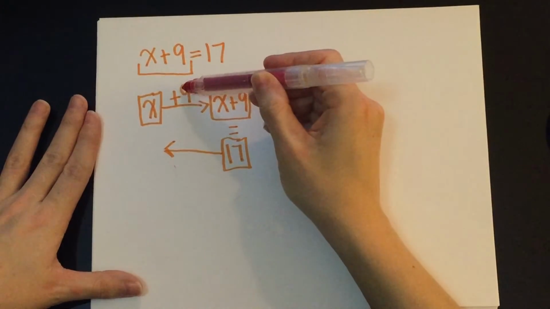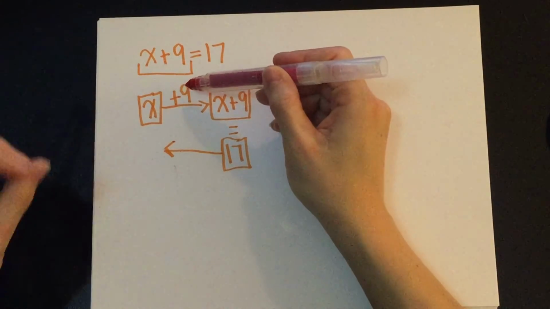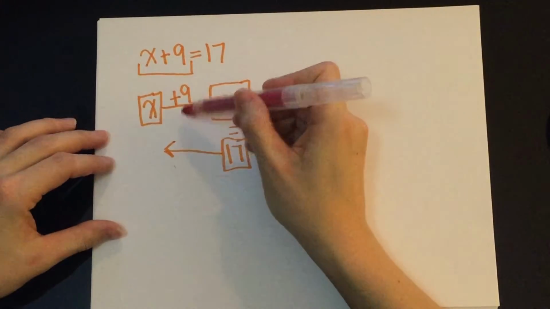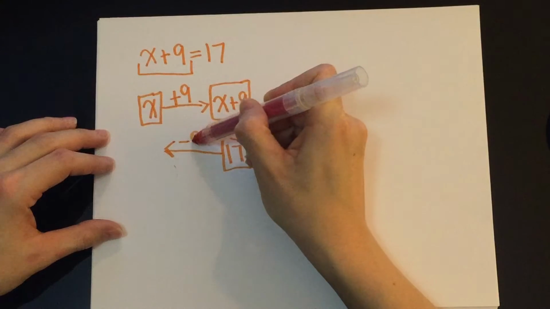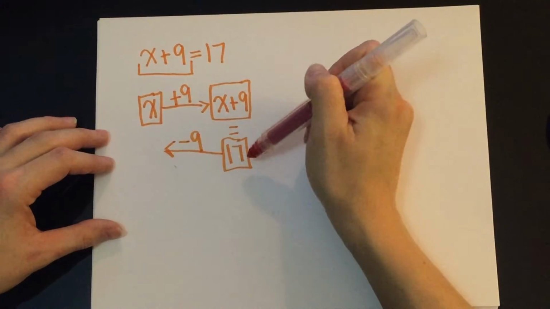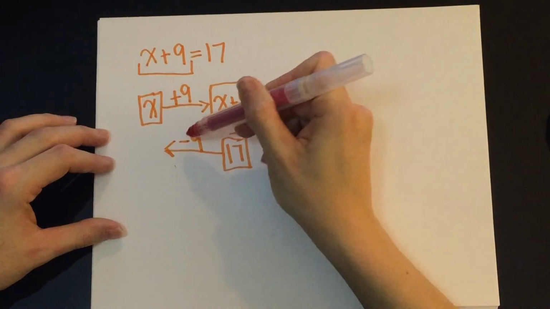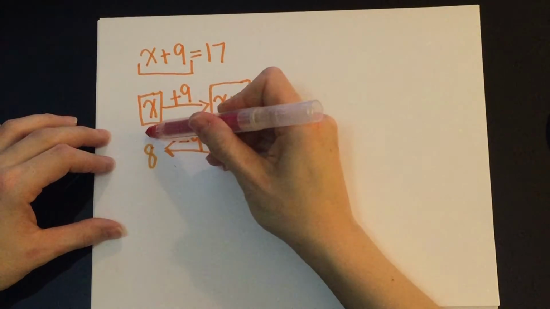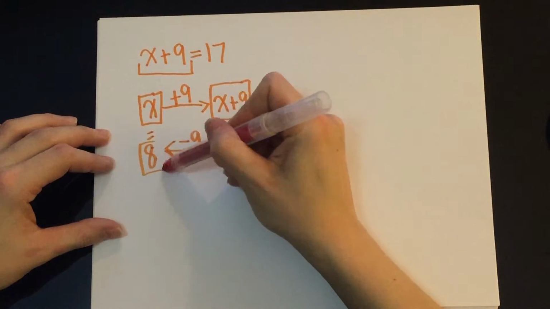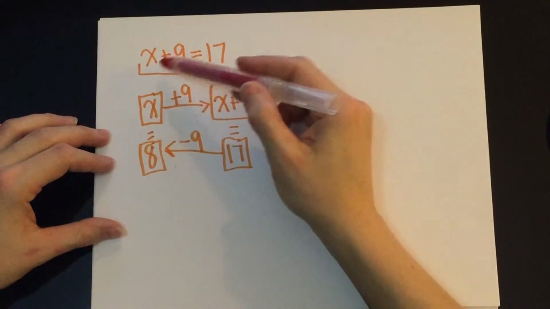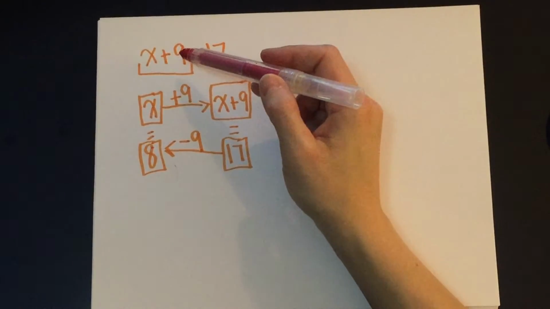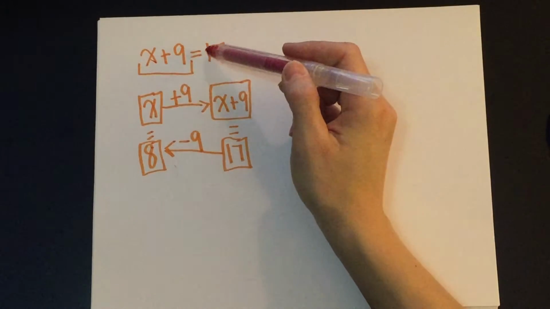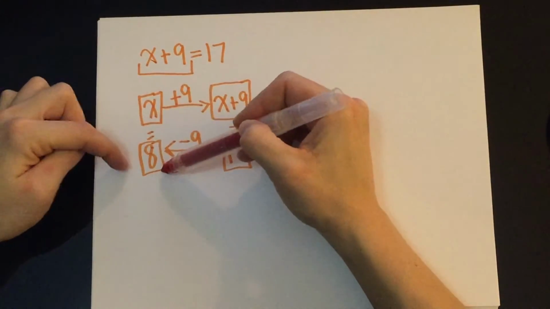To undo the adding of 9, we're going to subtract 9 since we're moving backwards. And we have 17 minus 9, which is 8. So x equals 8.